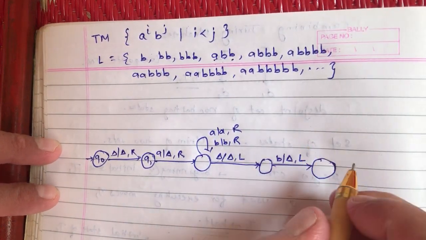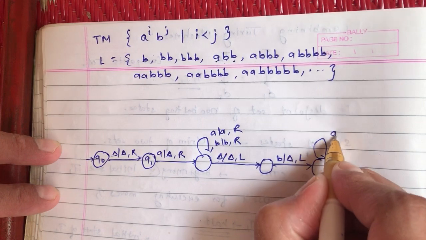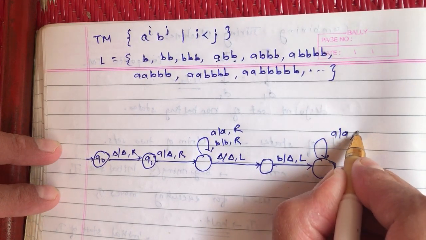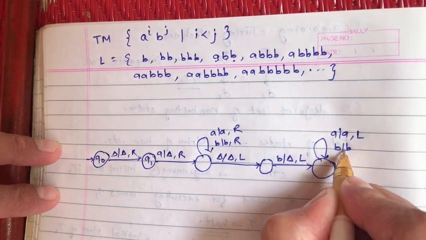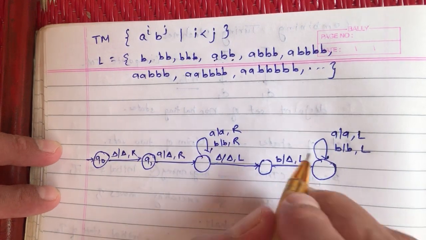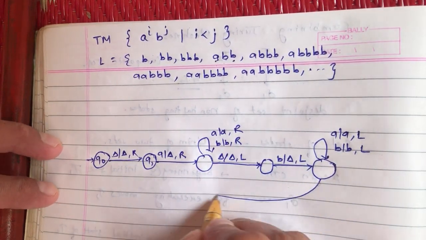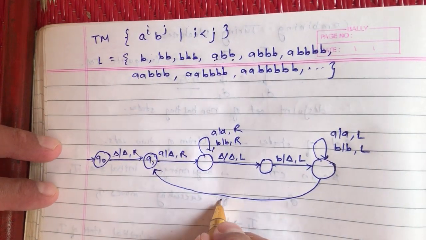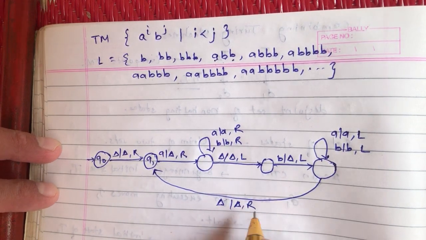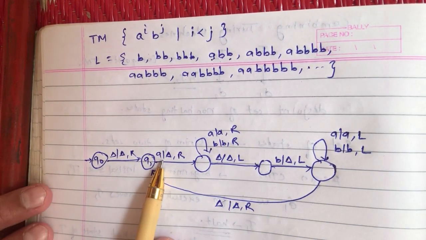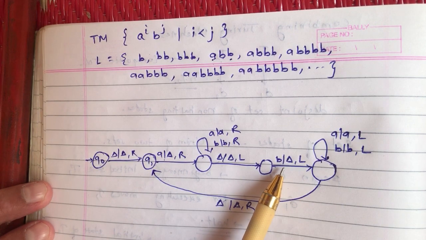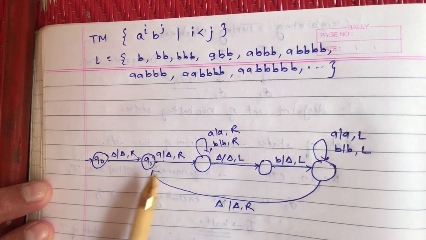Once we come back from this, again we'll keep all a's and b's as they are and we'll move to left until we find a blank. The moment we find a blank, again we'll try to move to right. So whatever number of a's are there, we'll try to balance all those a's with b's using this part of our diagram.